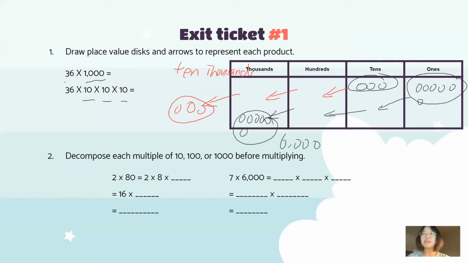And what is 30 actually right here? 30 times 1000. That is 30,000. Okay, and what is 36 times 1,000? That is 30,000 plus 6,000, which is 36,000.